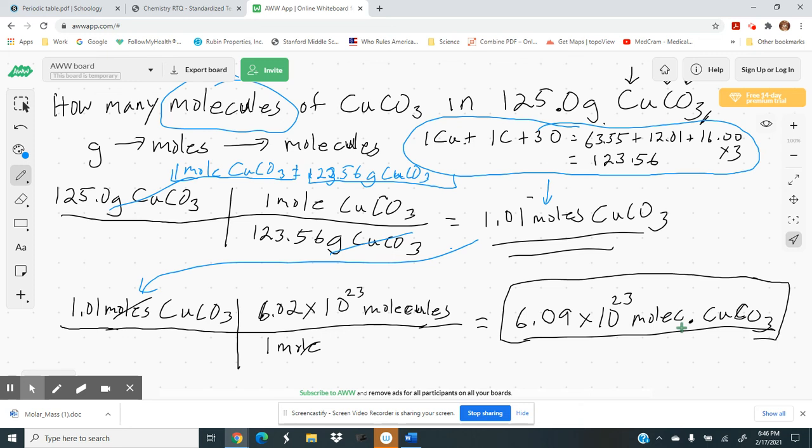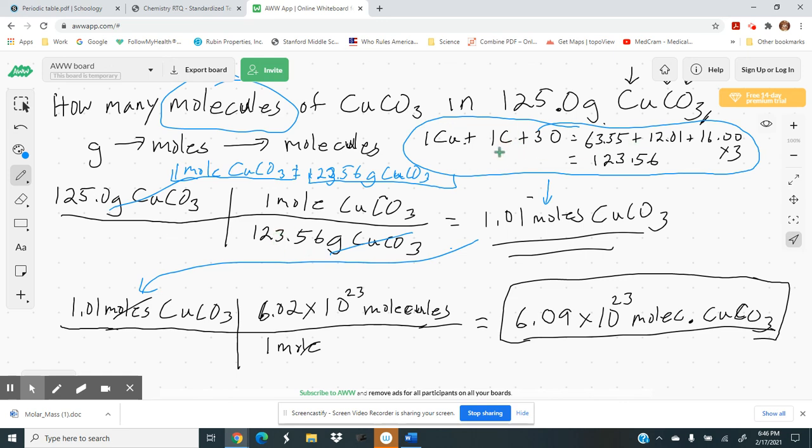Okay, so that's the big difference here in this worksheet. You're going to turn your grams into moles, but your conversion factor, what you use to divide here or multiply if you want to turn moles to grams, is the molecular mass.